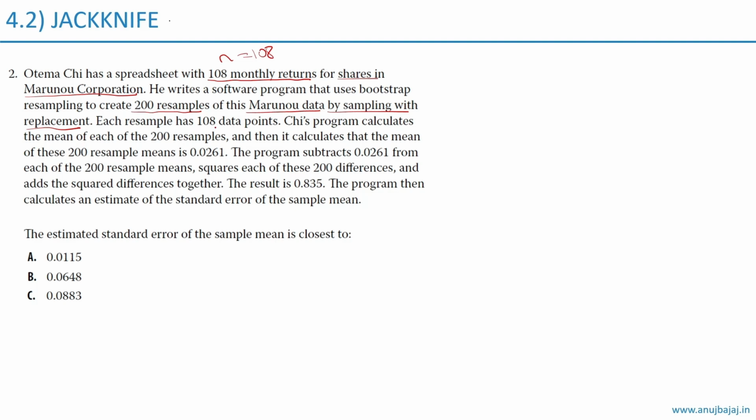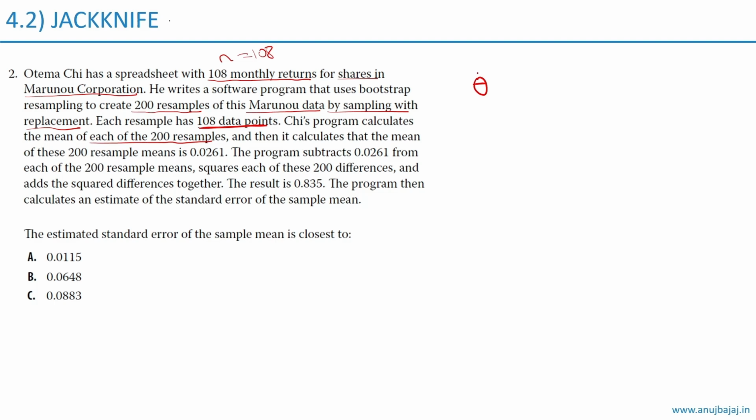Each resample has the same size as the original sample, which is 108 data points. The program calculates the mean of each of the 200 resamples, and then it calculates that the mean of these 200 resample means is 2.61%.